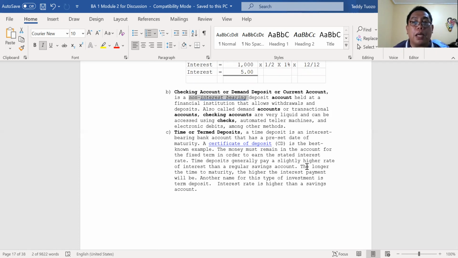The money must remain in the account for a fixed term in order to earn the stated interest rate. So time deposits generally pay a slightly higher rate of interest than a regular savings account. The longer the time to maturity, the higher the interest payment will be. Another name for this type of investment is term deposits. The interest rate is higher than a savings account.